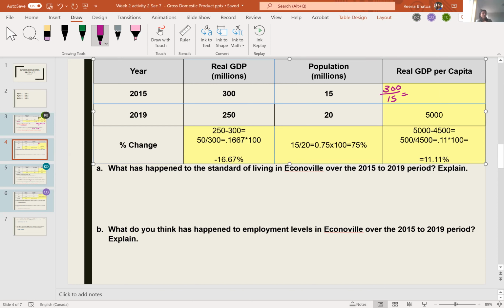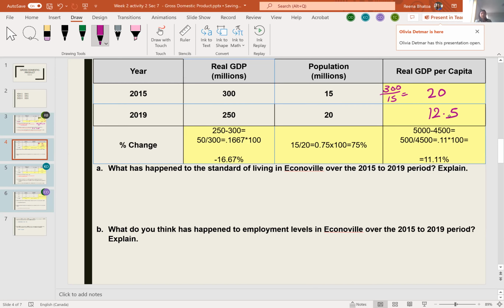So 300 divided by 15. Okay, so that is $20 per capita. And in 2019, it is 250 divided by 20. It's 12.5, I guess. Right? Yes.